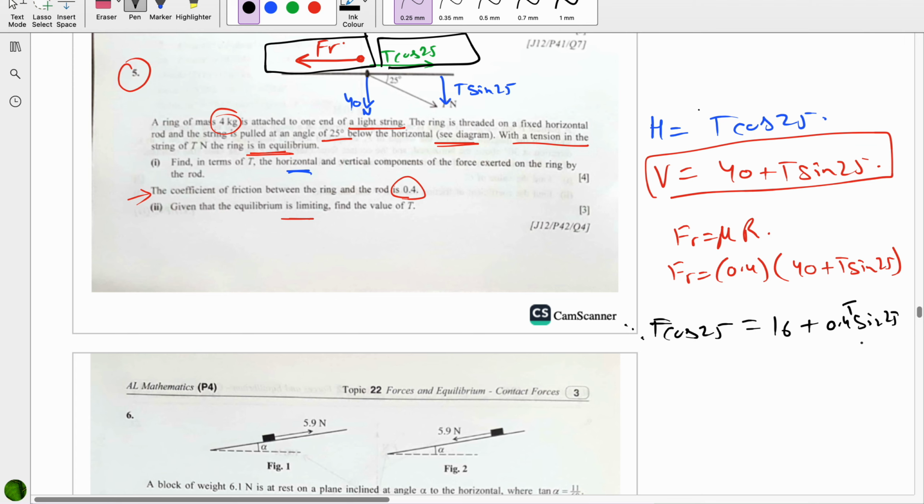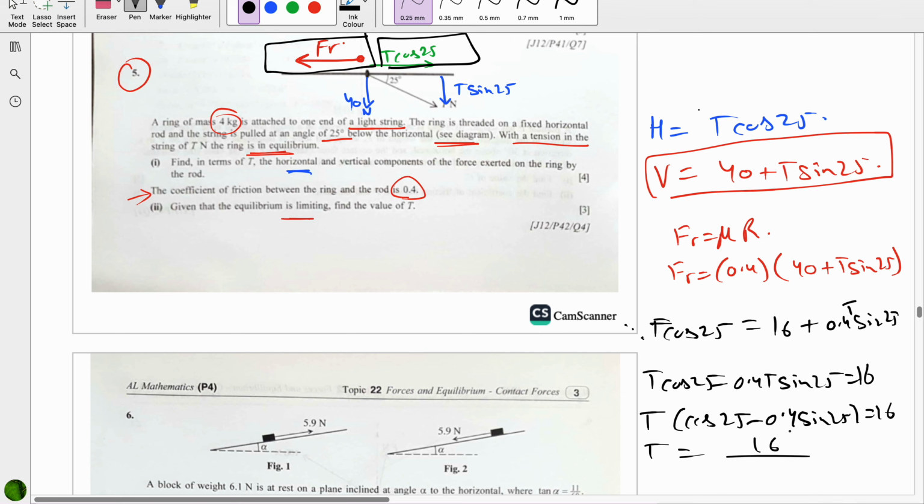So now I bring all this to one side: T cos 25 minus 0.4 T sin 25 equals 16. I'm taking T out as common, and I'm left with T times (cos 25 minus 0.4 sin 25) equals 16.